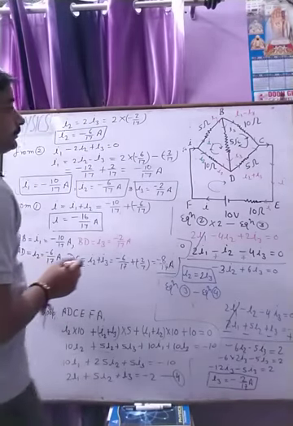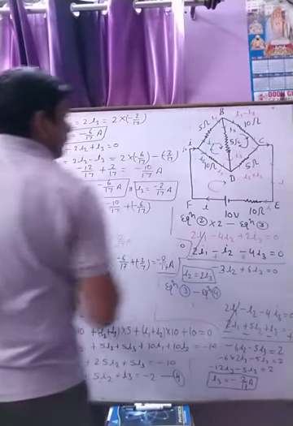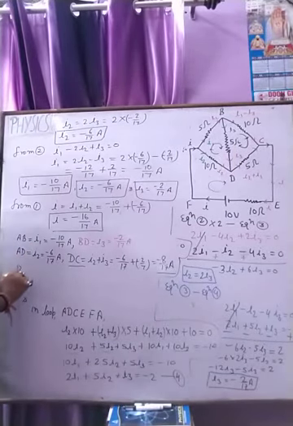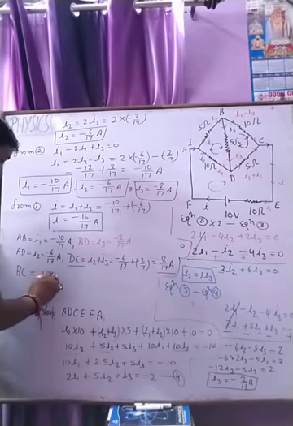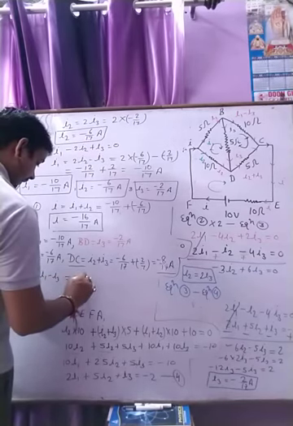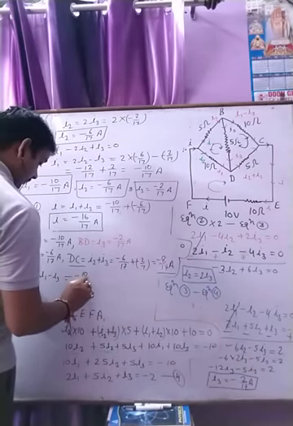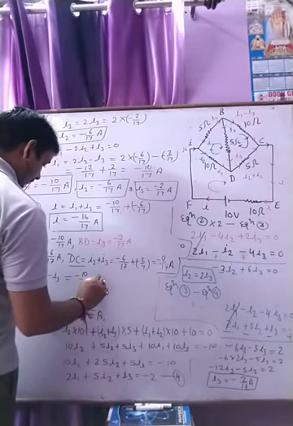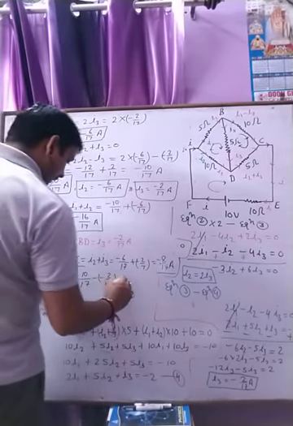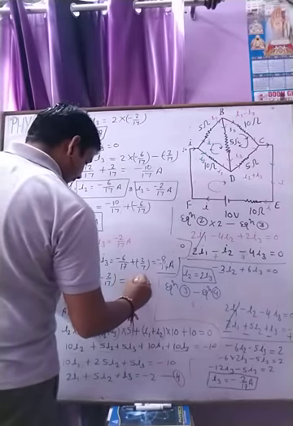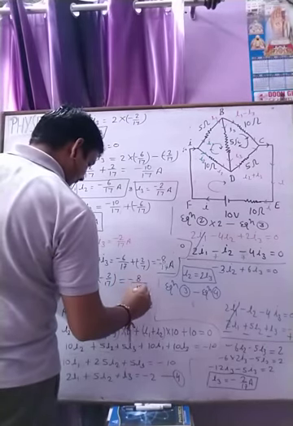Next, in branch BC it is I1 minus I3, minus 10 by 17 minus minus 2 by 17, this we get minus 8 by 17 ampere.